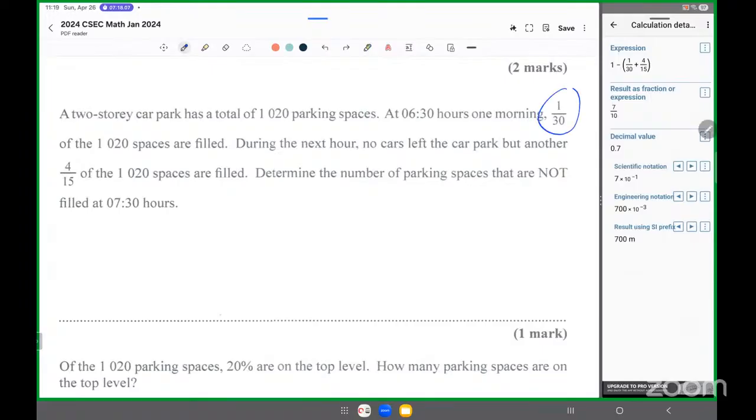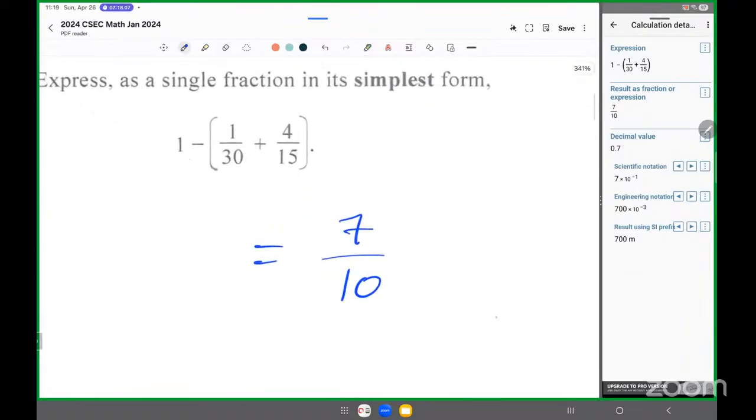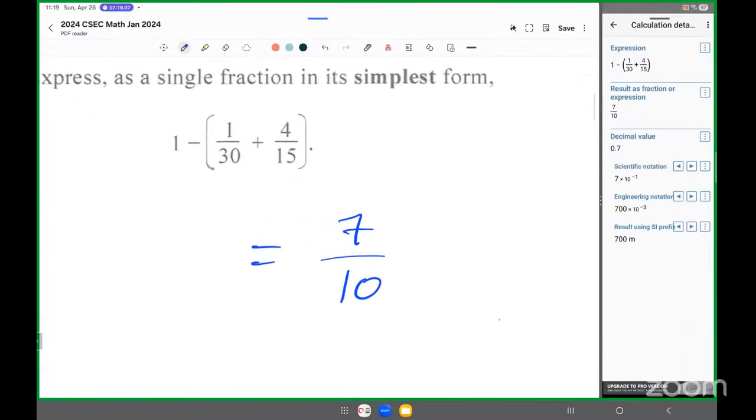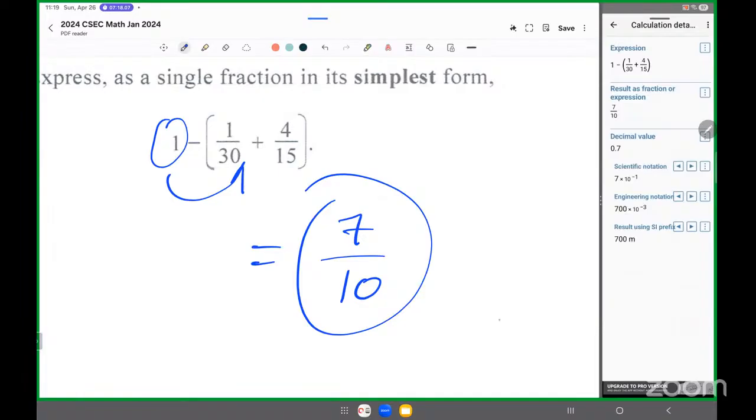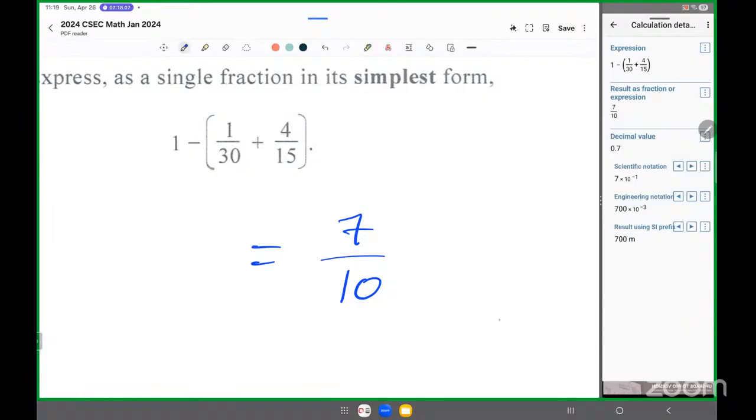Now these numbers relate to the calculation that we just did. You have 1/30th of the total, and then you added another 4/15 to the total. The one represents the whole, so in fraction form, the amount that is left is a whole minus the fraction that is filled.